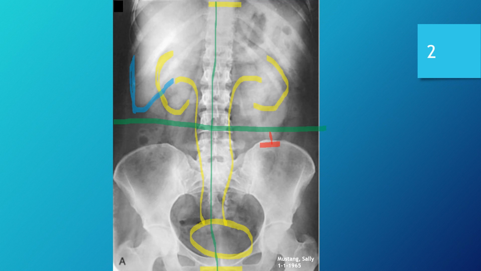And then also visible within our image are the profiles of our psoas muscles right here, which are a vital part of a good KUB, being able to visualize those, and they are visible there in this image.